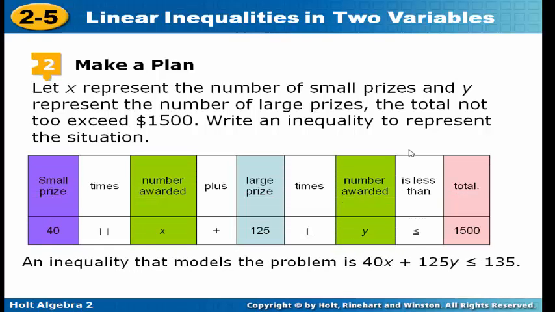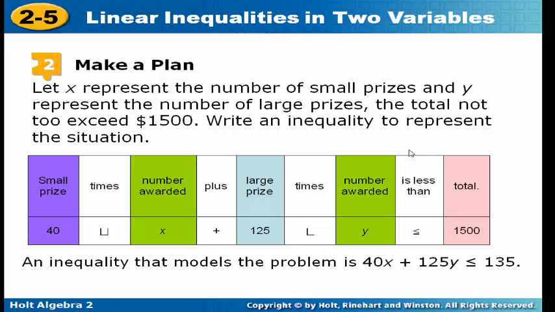40 times x plus 125 times y, and it should be smaller than or equal to 1,500, because we want the total not to exceed 1,500, so the inequality must be smaller than or equal, not more than this value.